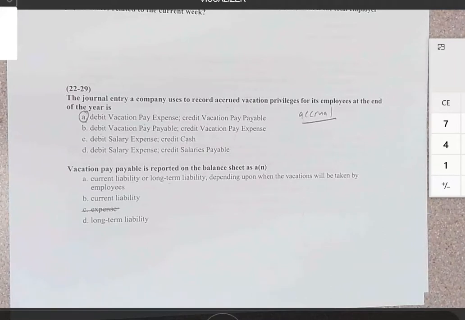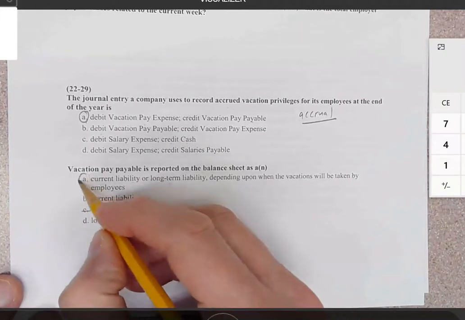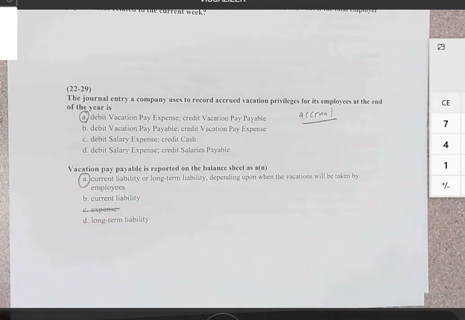It would be appropriate to present that on the balance sheet as a current liability of $150,000 and a long-term liability of $50,000. Of course, if they anticipate that all of it is going to be taken in the next year, then it would be a current liability. But choice A is actually the correct answer here.